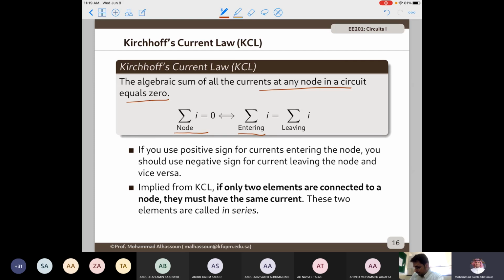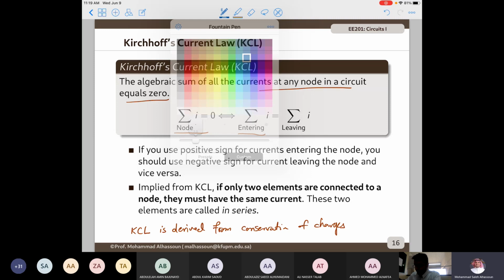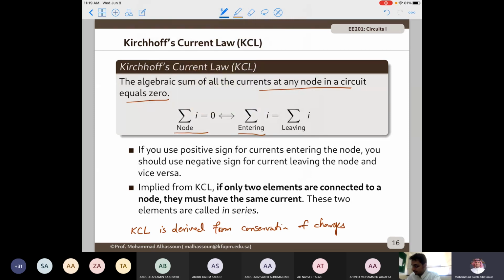So that's why Kirchhoff's current law is derived from conservation of charges. This implies that we can assign a positive sign for current entering the node, and if we do that, the negative sign should be assigned for current leaving the node, and vice versa.